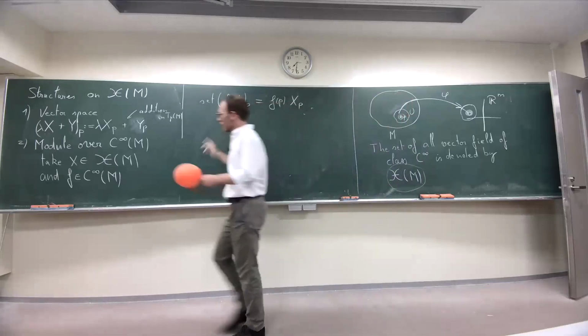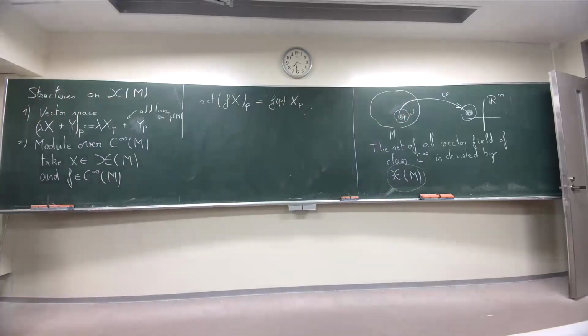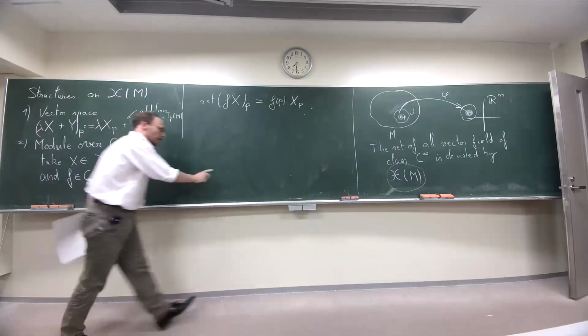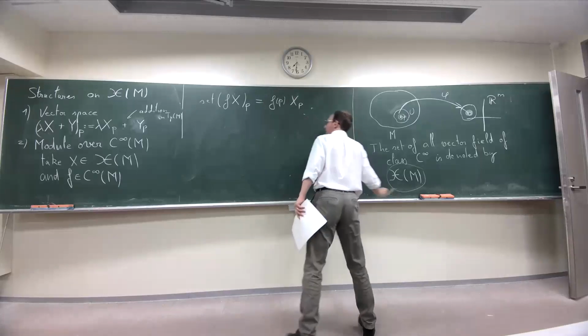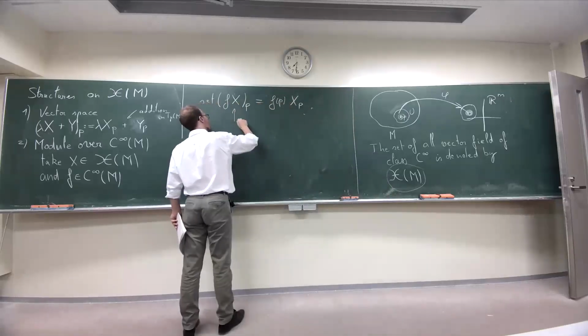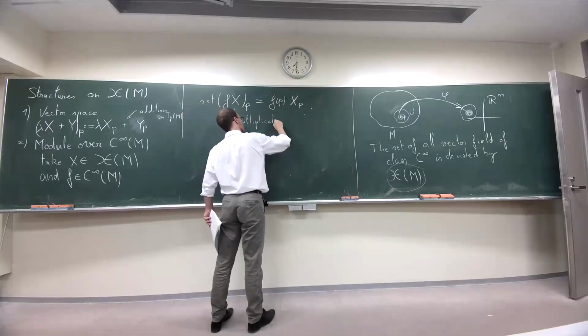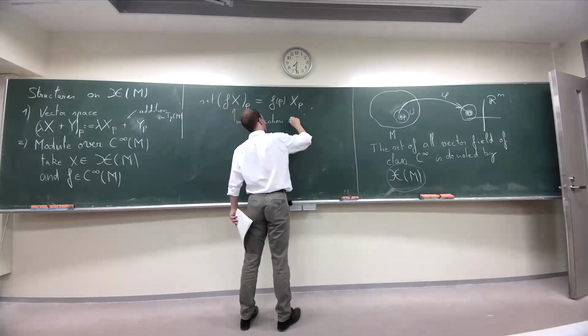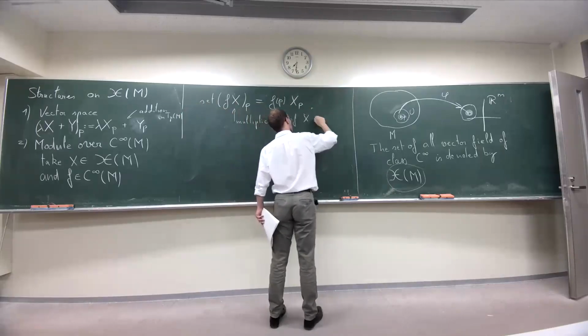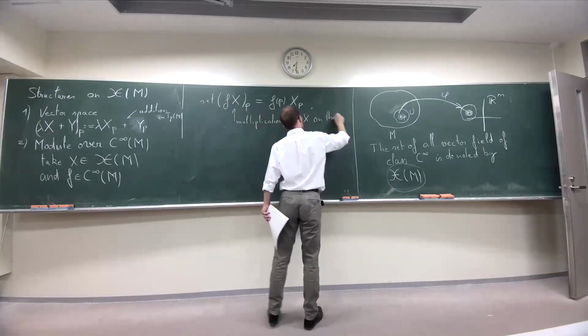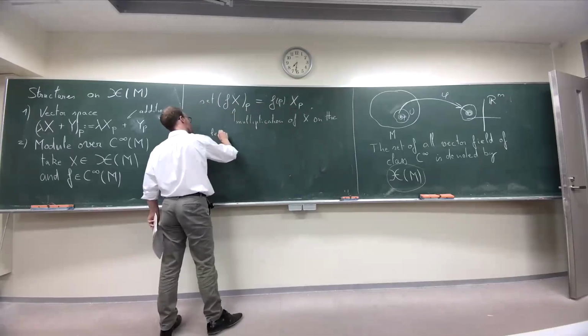So this gives you what is called a module. It means you can multiply. This is a multiplication of X on the left. It's important on the left.